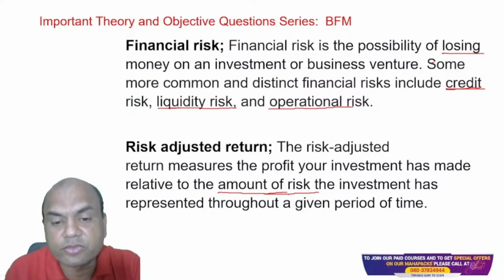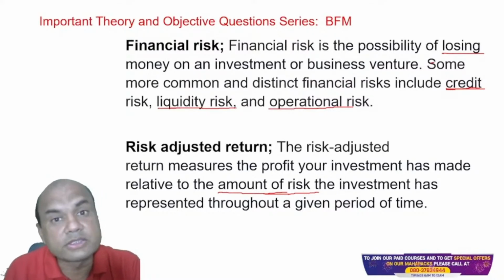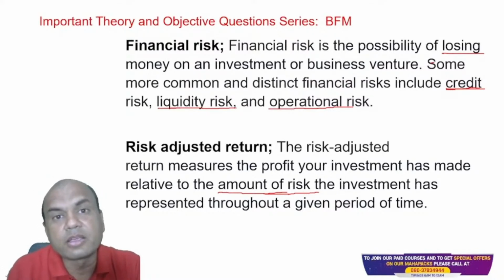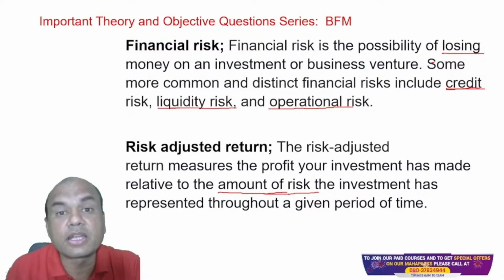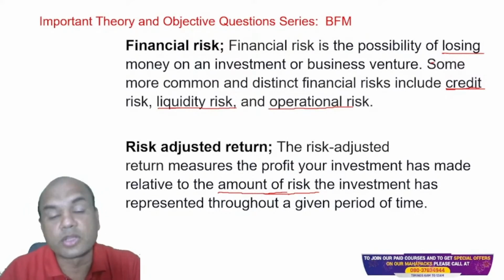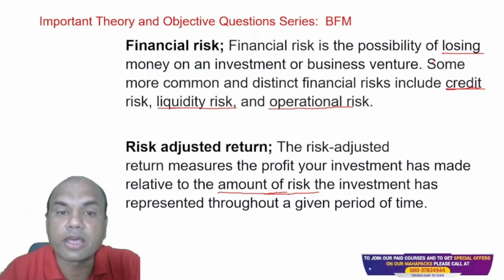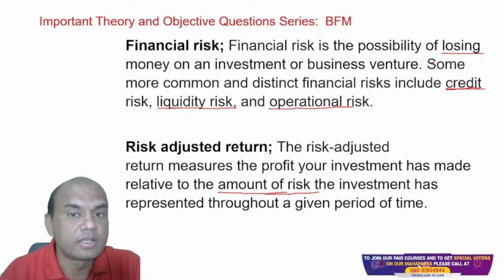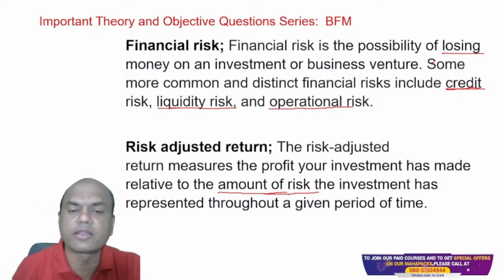So this risk factor I'll have to consider, and this risk is to be mitigated using other derivative products. Those derivative products will require higher cost. See here, I'll give you a simple example.